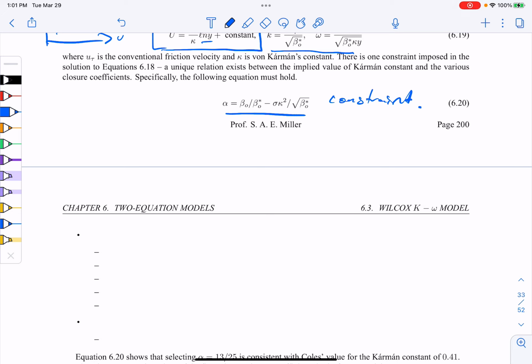We'll also find that for this to happen, tau ij is going to be proportional to the friction velocity squared in this region. That means tau xy, or ij, I'll use them interchangeably here, goes as the square root of beta naught star times k in the log layer.